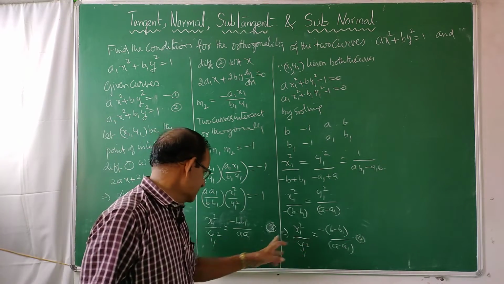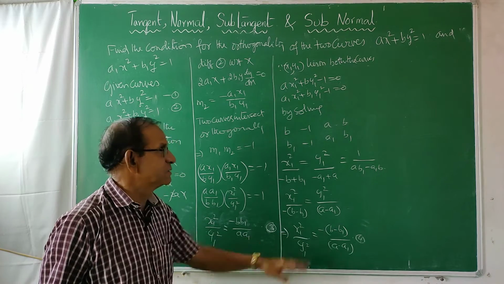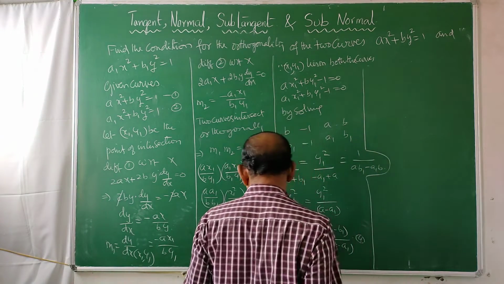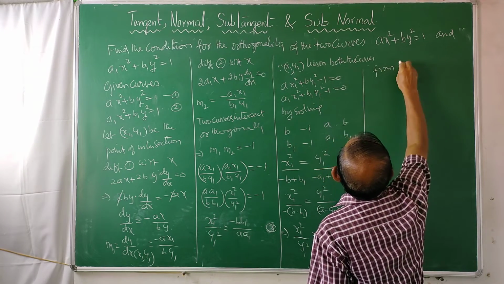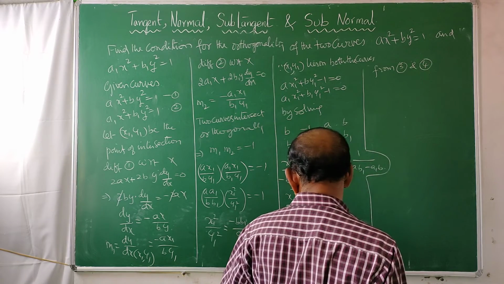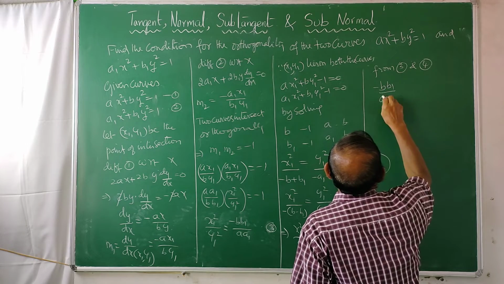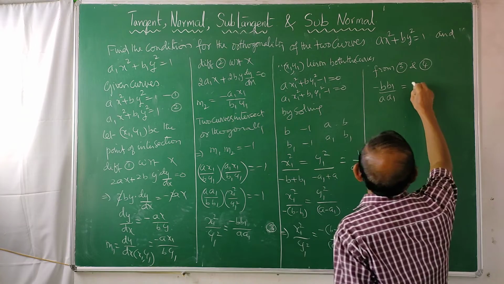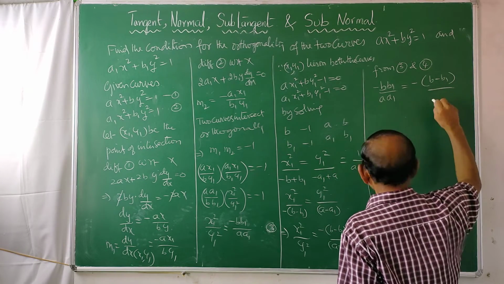In third and fourth, these are the values of x1 square and y1 square. So you can equate those two. From 3 and 4, minus bb1 by aa1 is equal to minus of b minus b1 by a minus a1.